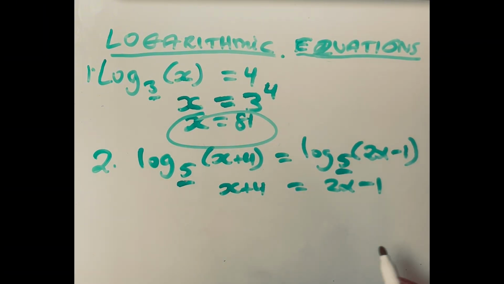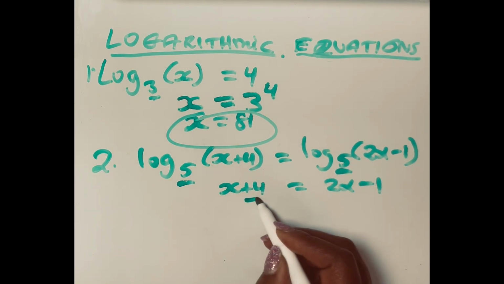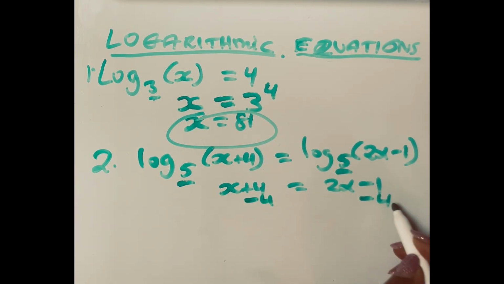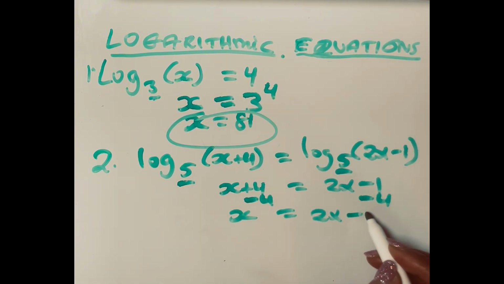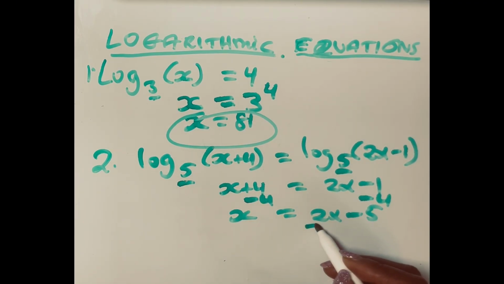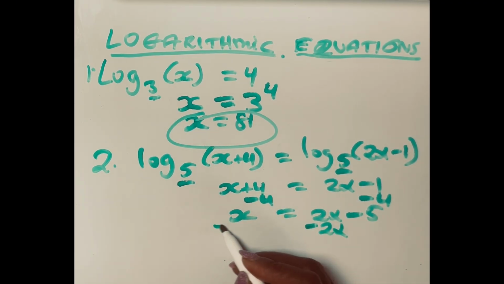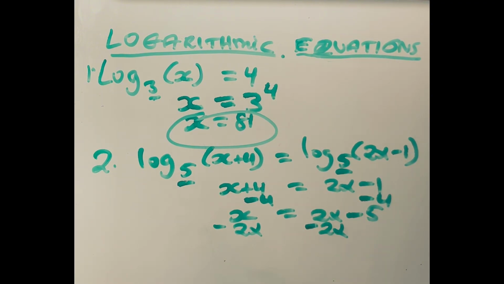Solving the equation, we are going to subtract 4 from both sides. So x is equal to 2x minus 5. Now we are going to subtract 2x from both sides.